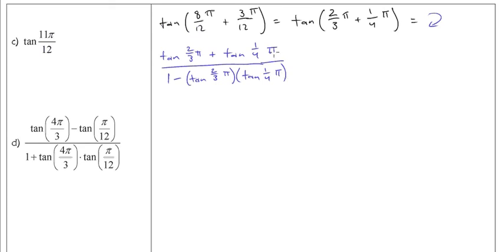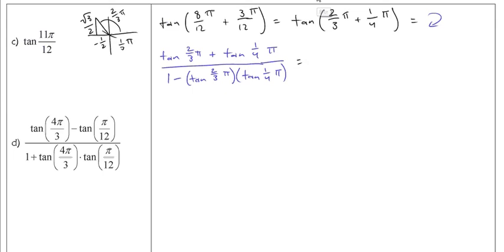Now what is this going to give us? Tangent of 2/3 pi: thinking through where 2/3 would be, it's right over here, where our cosine is -1/2 and our sine is the square root of 3 over 2. So that's 2/3 pi, and the reference angle is 1/3 pi.